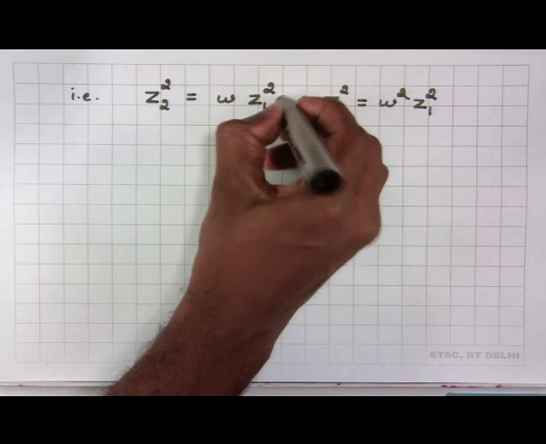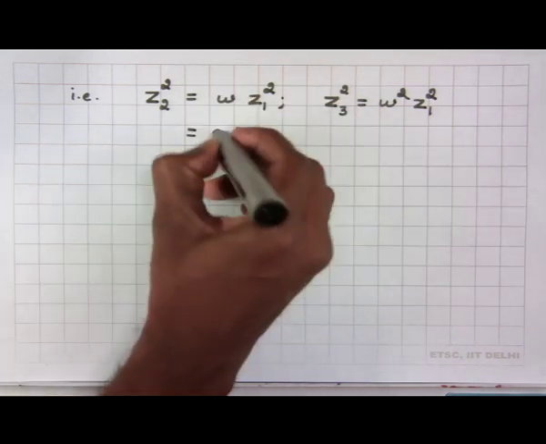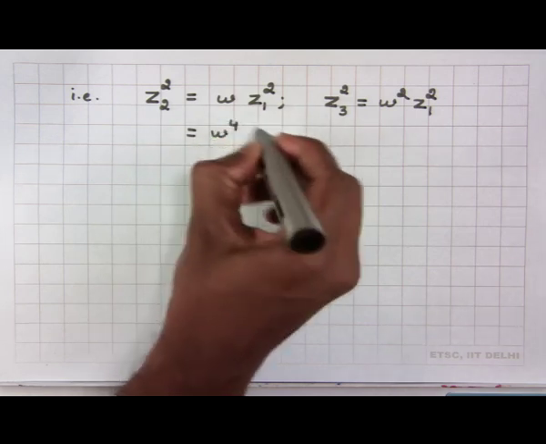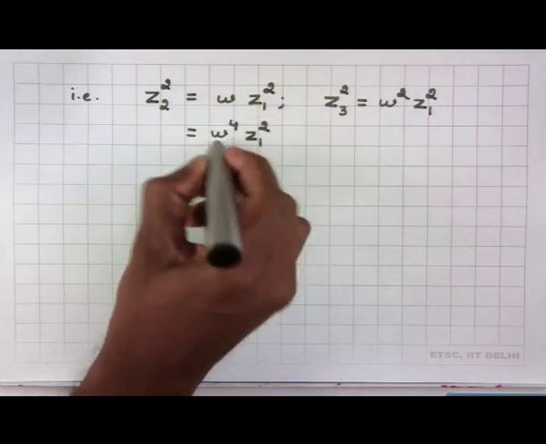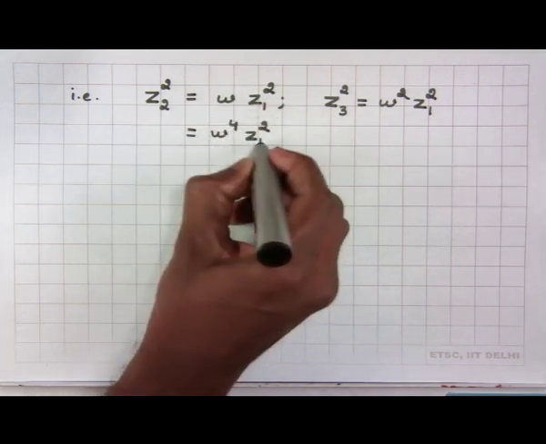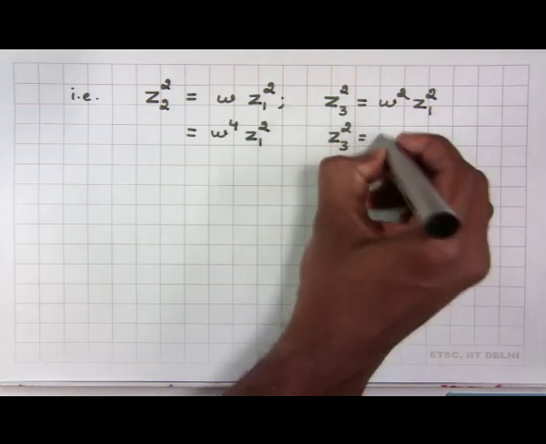So, we can notice that omega can be written as omega power 4. The same expression can be written as omega power 4 multiplied with Z1 square. Here we keep it as it is.